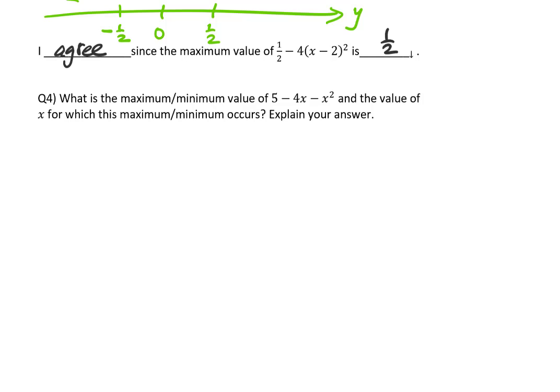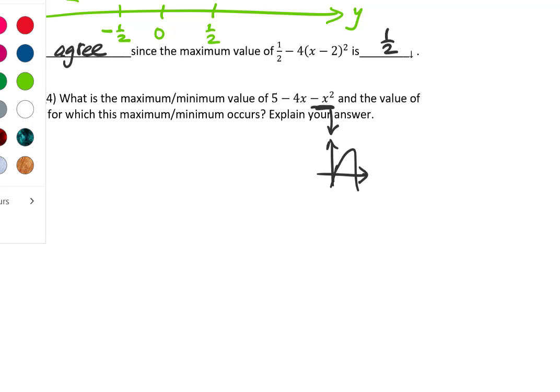So what is the max or minimum value of 5 minus 4x minus x squared, and the value of x for which this occurs? So now you can infer from minus x squared that your curve will look like that, right? A sad face.